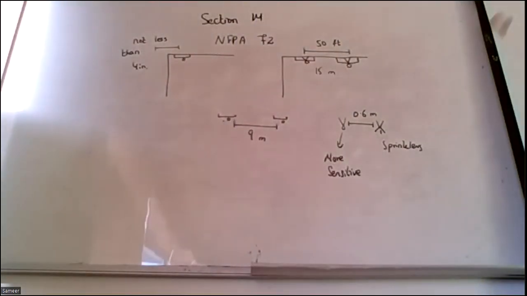Why? Prior to the operation of the sprinklers, we should know what is happening, so that if it can be avoided, we can avoid the operation of the sprinklers. So these are some of the requirements for detector placement as per the NFPA 72.